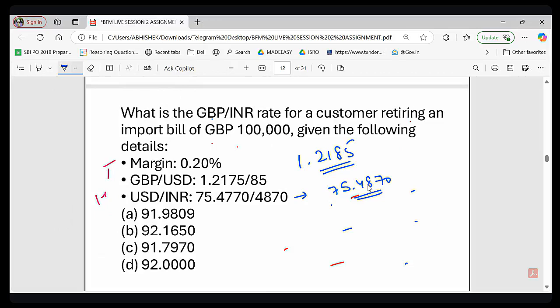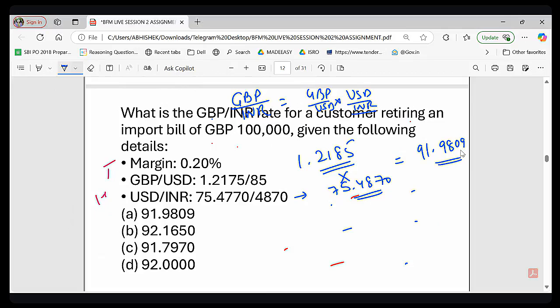Now comes the crucial calculation. What do you get if you multiply both of these? Why we are multiplying? It's quite clear that GBP per INR is equal to GBP per USD multiplied by USD per INR. So if you multiply these two, you will get 91.9809, which is the interbank GBP per INR rate.